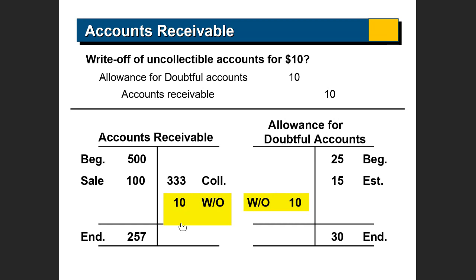So now you say my accounts receivable is 257, and of that, I think 30 I'm not going to collect. So this is called write-off of accounts receivable. The first entry when you report the allowance, you have doubt, maybe, maybe not. Right? When you write off, that means you are sure. So you are sure that you're not going to.